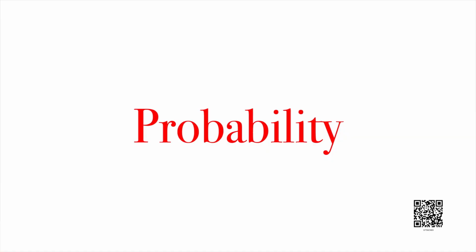Now let us move to another topic which is known as probability. Let us take the example of playing Ludo, or we can take the example of a die. We toss a die and let us find out what are the chances of 4 coming.